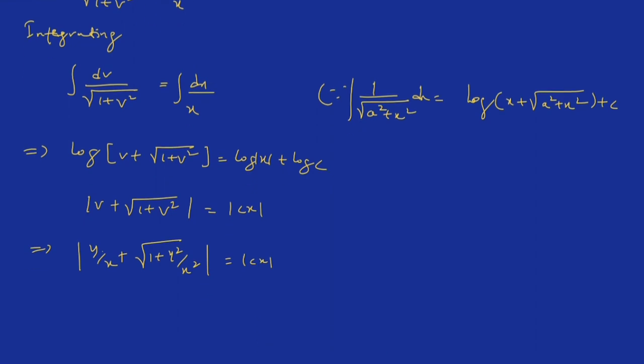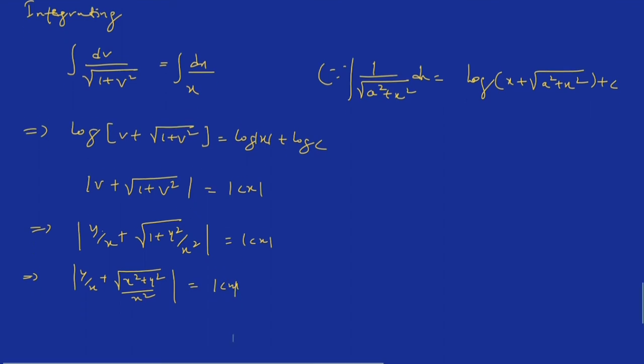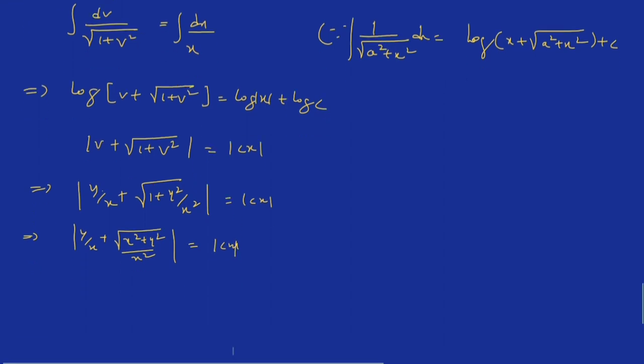So again, which implies y upon x plus, cross multiplying, root of x square plus y square upon x square, which equals cx.